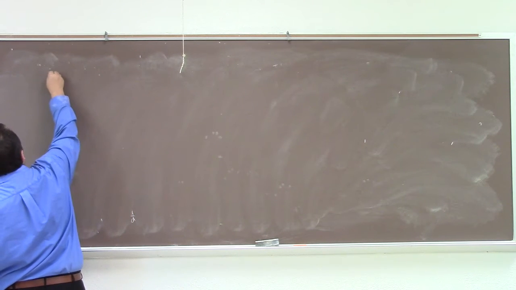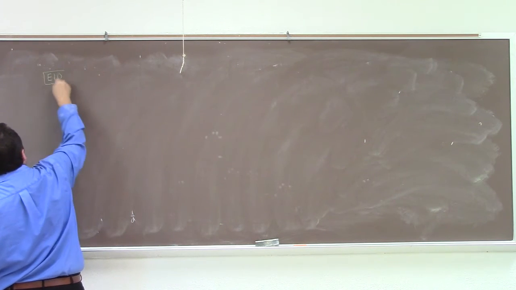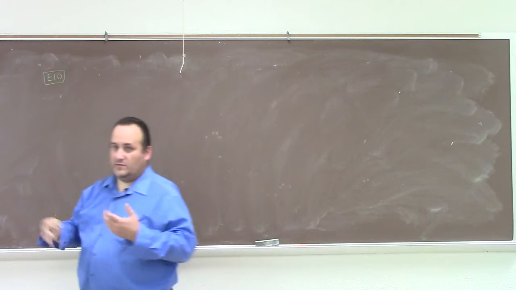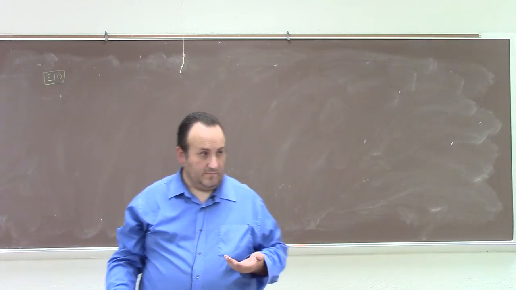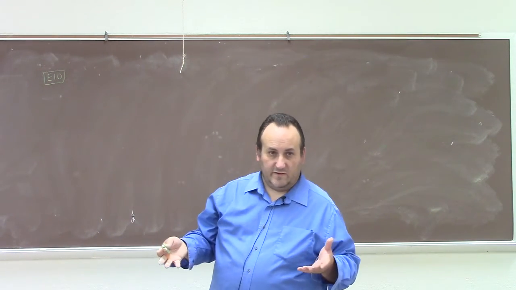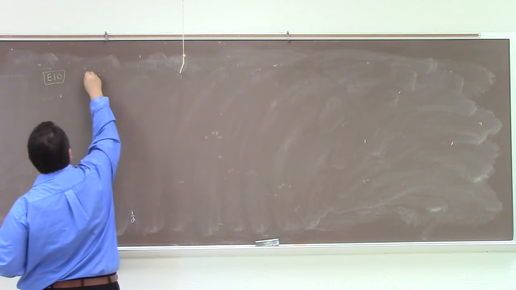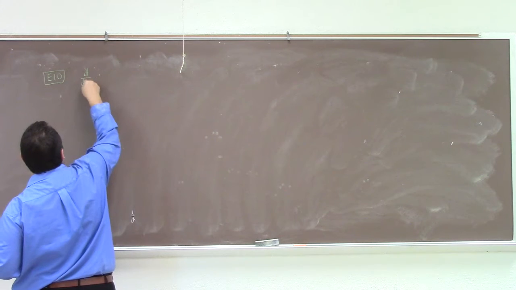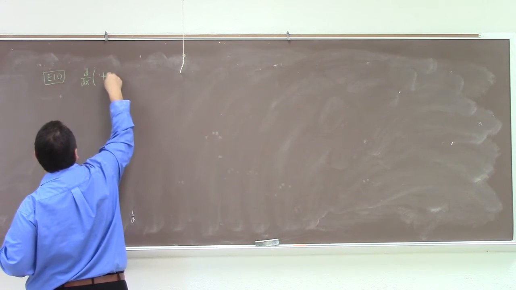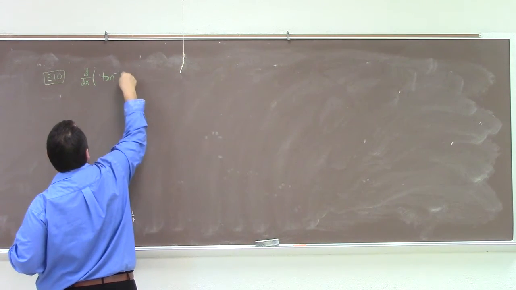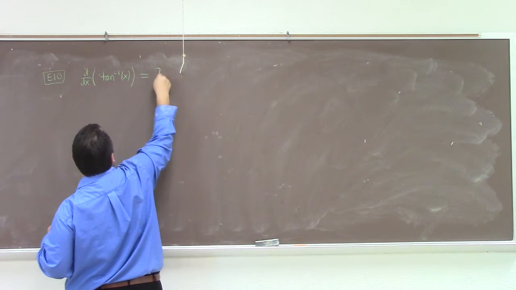So this is the first of, we're going to do this over and over and over again, all right? What I'm about to show you, this trick. So check it out. We want to know what the derivative with respect to x of inverse tangent of x is. We don't know this yet.